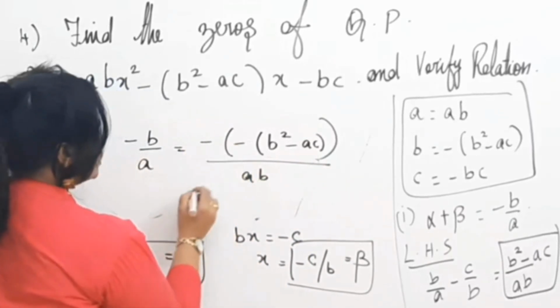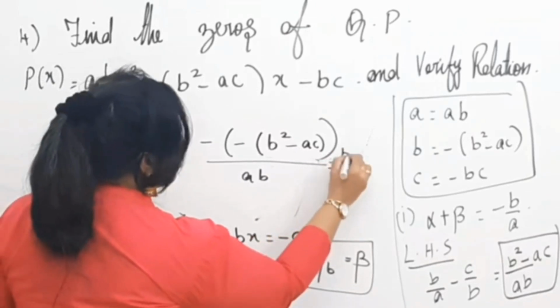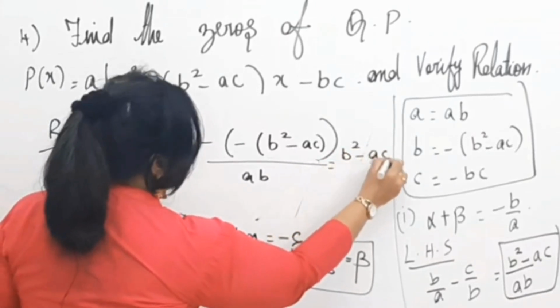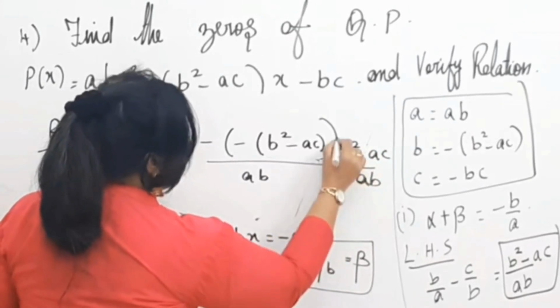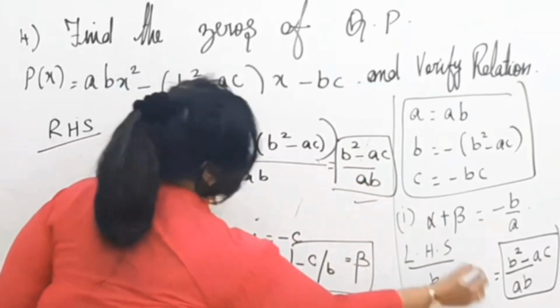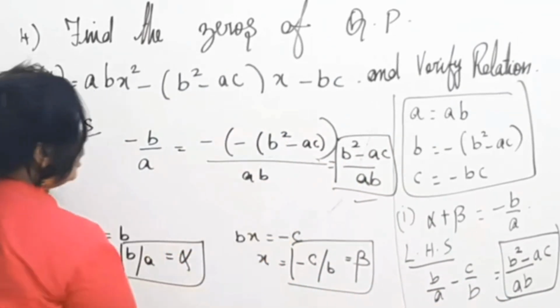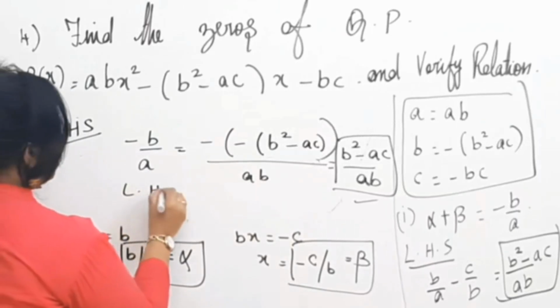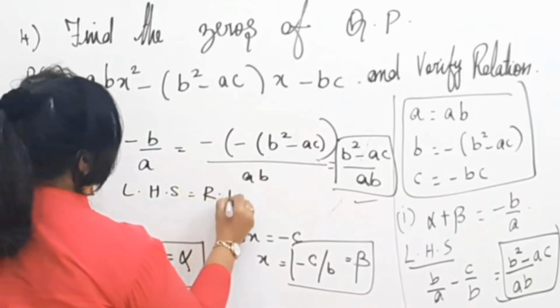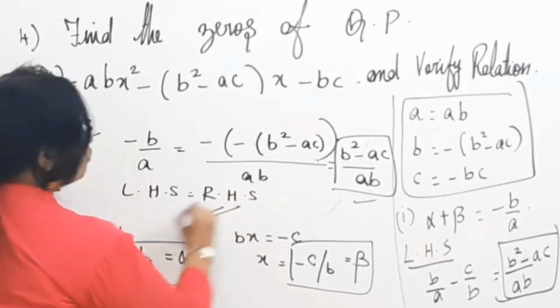So, minus into minus will become positive. That's equal to B square minus AC divided by AB. I got the same as these two are the same values. So, I would have my LHS is equal to RHS. So, my first relation is verified.